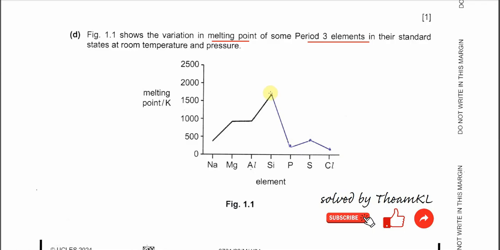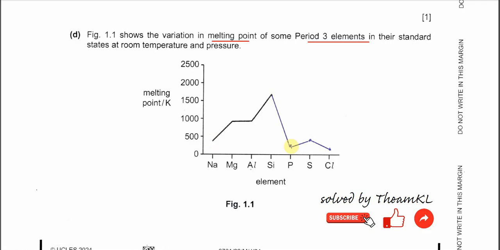From silicon onwards, you need to complete the melting point trend. First you need to draw the drastic decrease from silicon to phosphorus. Make sure the melting point of phosphorus is lower than the sodium here. That's the first thing you need to do.